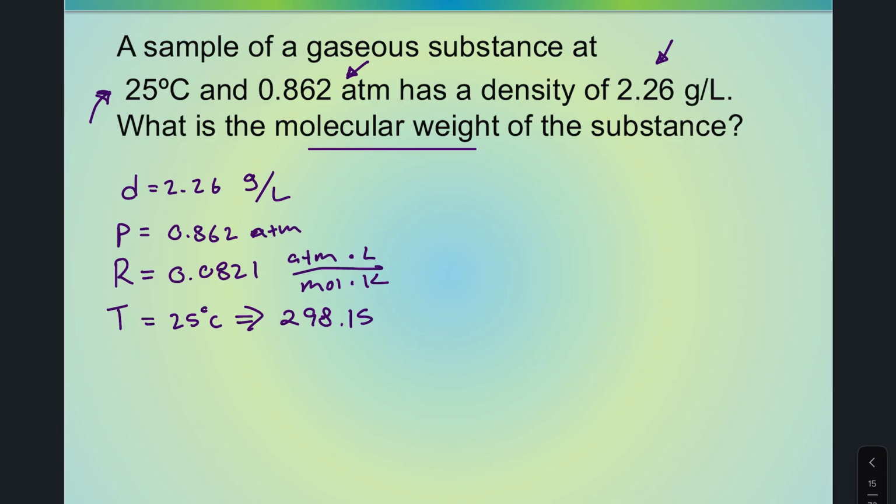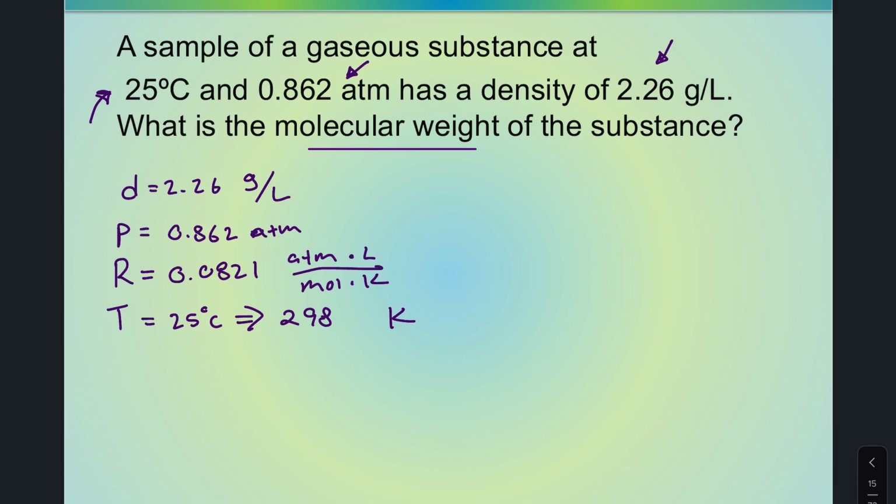Oh, it's not degrees, it's just Kelvin. And so we want to keep it in Kelvin. And we can get rid of the extra digits because our initial value is just 25 degrees. By sig fig rules, we have to get rid of those decimals at the end.